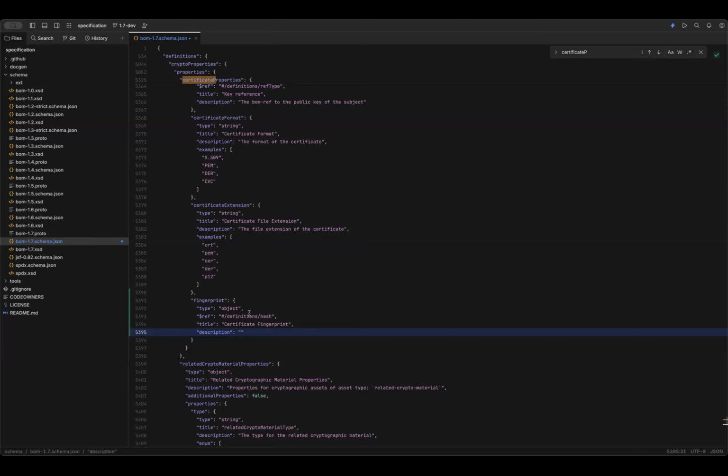So the hash will have an enumeration of types: SHA-1, SHA-2, 128, 256, MD5 is one of them. Mostly NIST algorithms. We are adding one non-NIST algorithm in 1.7, but if there's another fingerprinting algorithm that isn't a hash, then it wouldn't be covered. And I don't know if that's a thing or not.